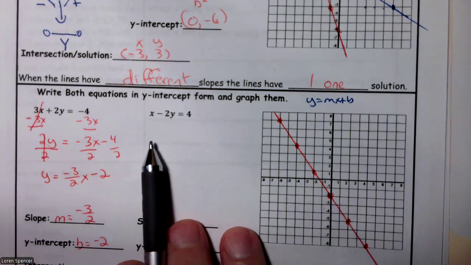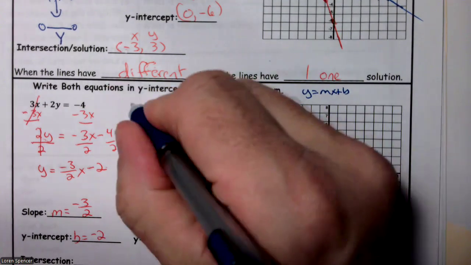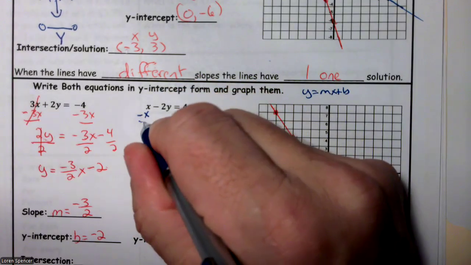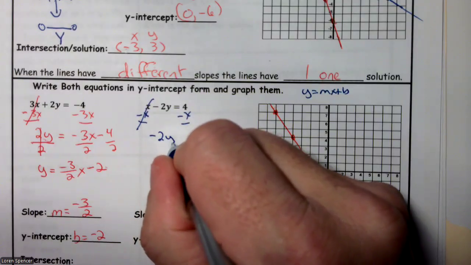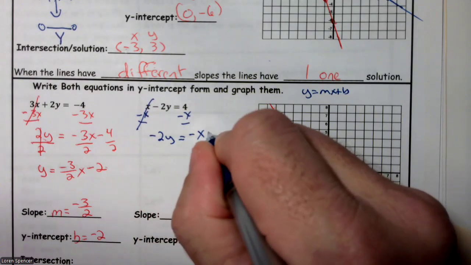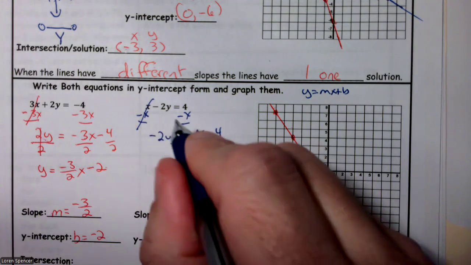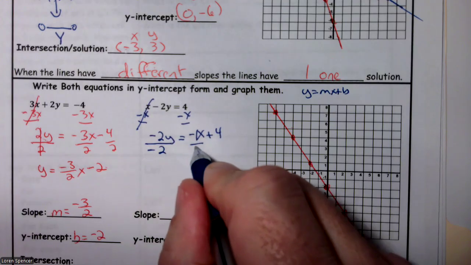The next equation is I need to move this x over, so I'm going to have to do a minus x, and really it's a minus 1x. So this goes away, and now I have -2y equals -x plus 4. I'm going to go ahead and put a 1 in front of this because it's technically a 1, and I'm going to divide by -2.